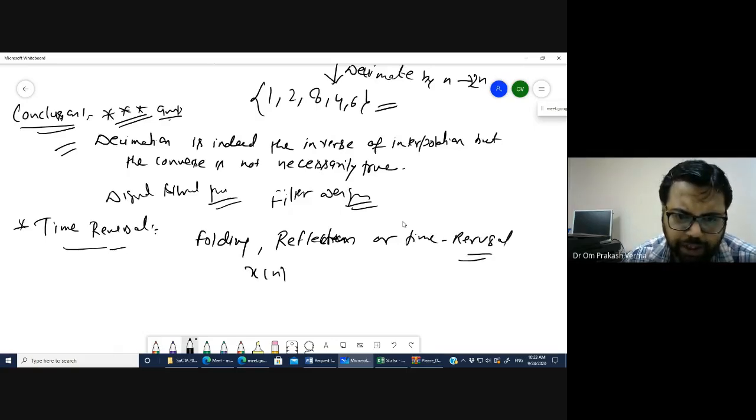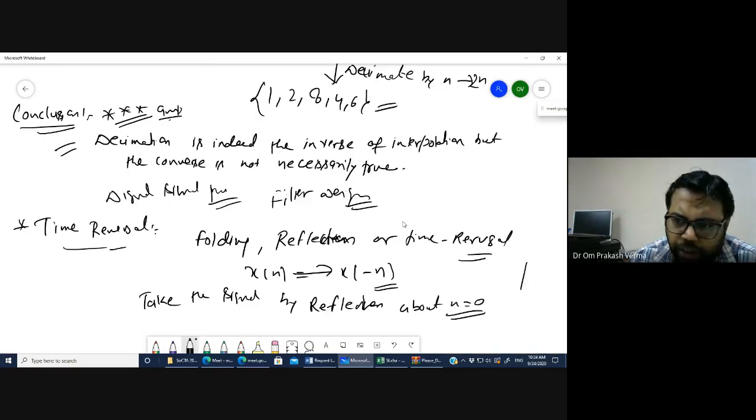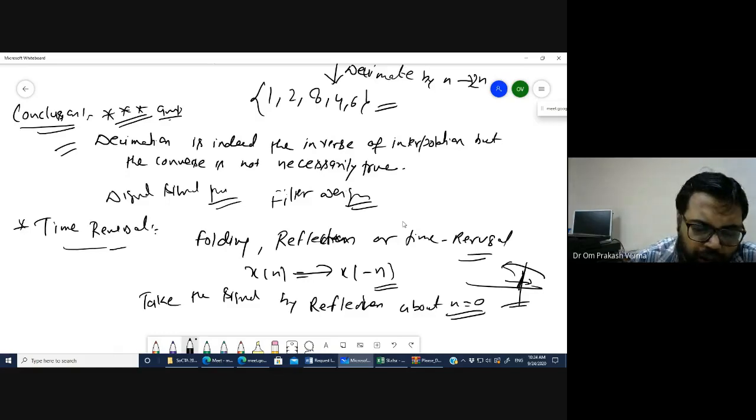You can represent x of n by x of minus n, nothing else. Just reversing the signal, that is, reflecting the signal about n equal to 0. Whatever is on this side, put it on that side, and this side to the other, and then we get the reversal property.